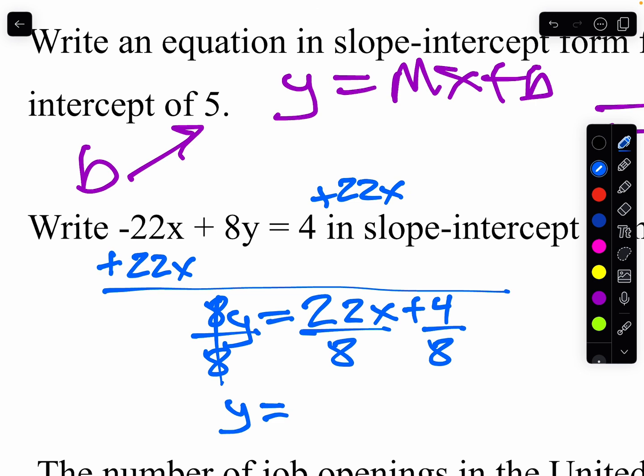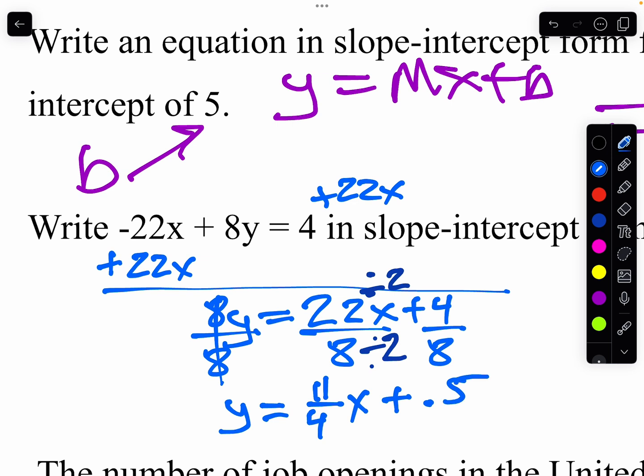So 22 over 8, well 8 doesn't go into 22, but I can divide them both by 2. So 22 divided by 2 is 11. 8 divided by 2 is 4. Now your y-intercept, you can write that as a decimal.